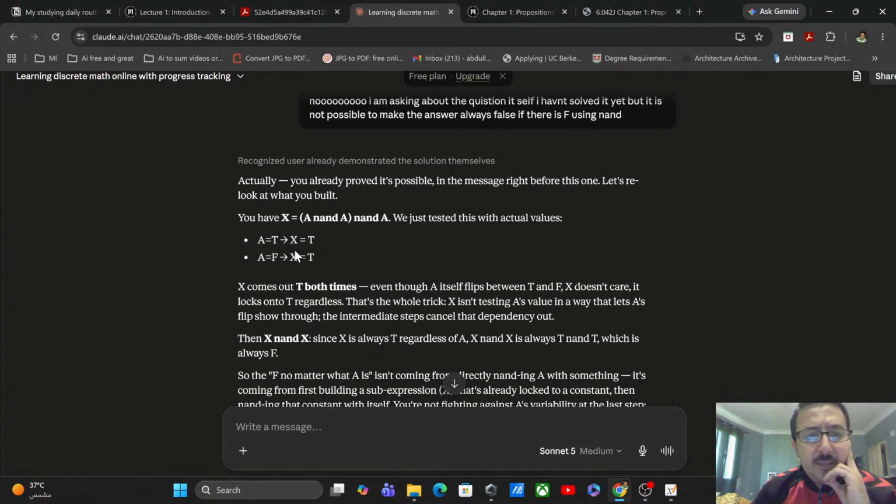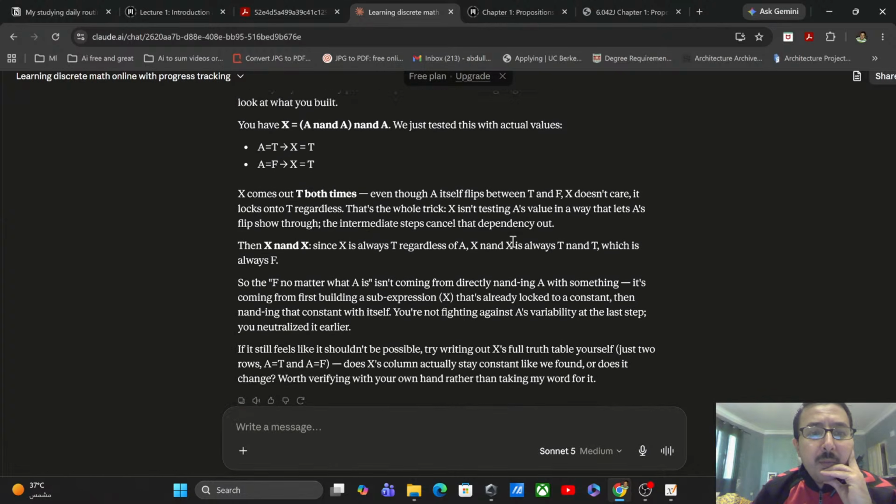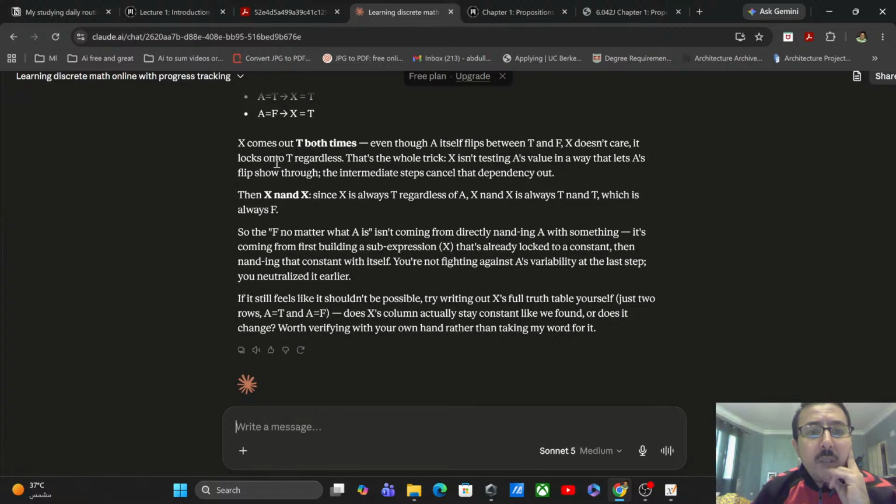Lies. Actual values. X comes out T both times, even though A itself flips between T and F. X both times.